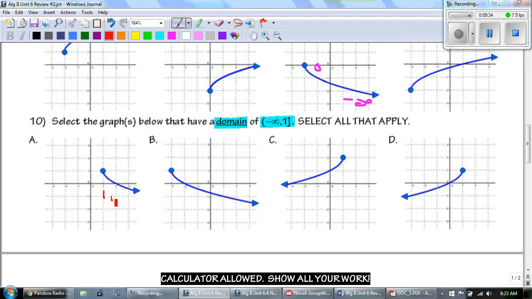This domain is from 1 to infinity, so no. This one is going to the right, from -3 to infinity, so no. But C starts at -infinity and goes to 1. And the same thing with D.